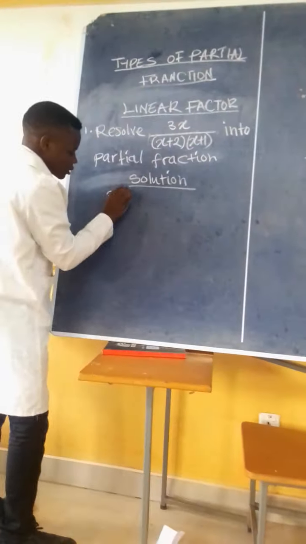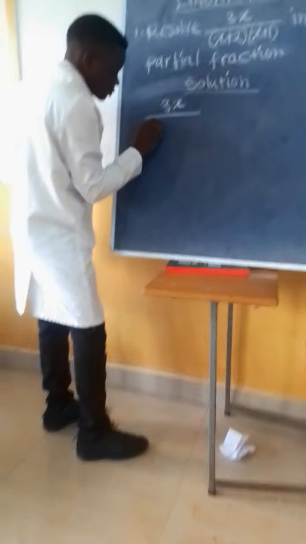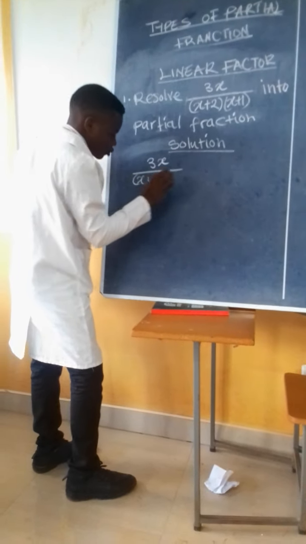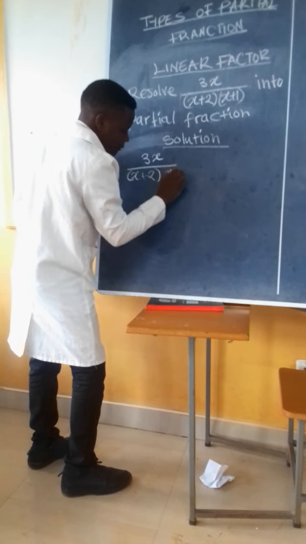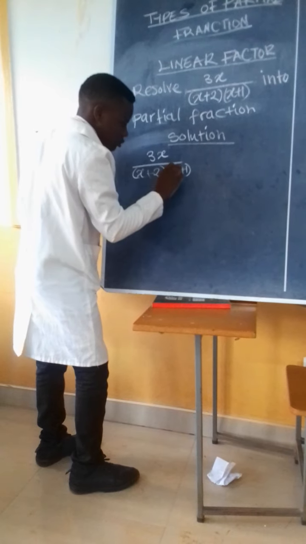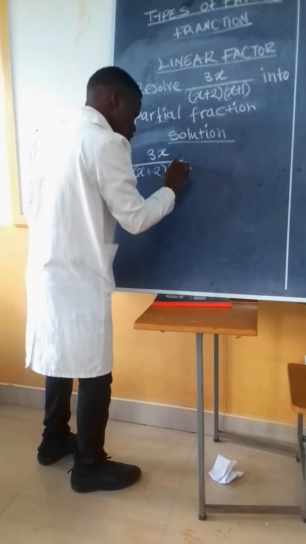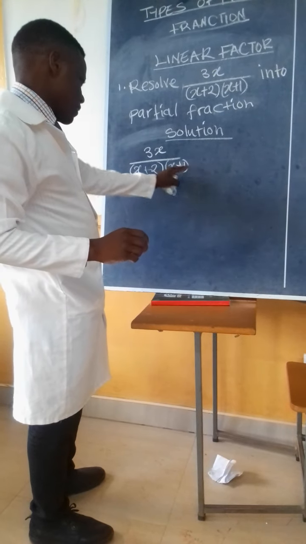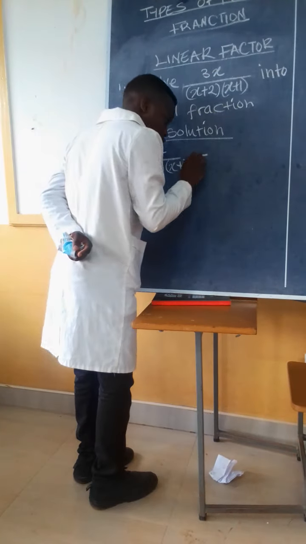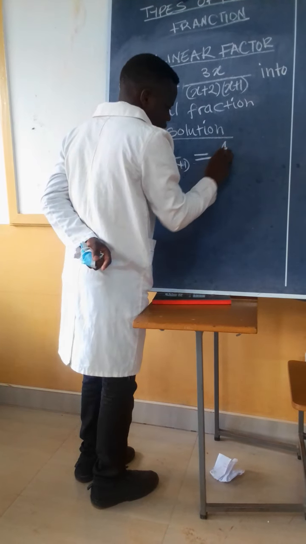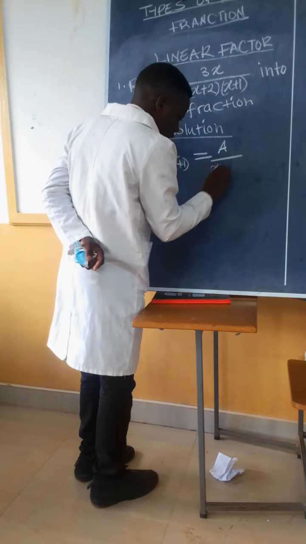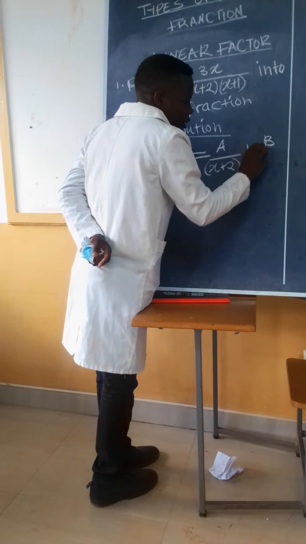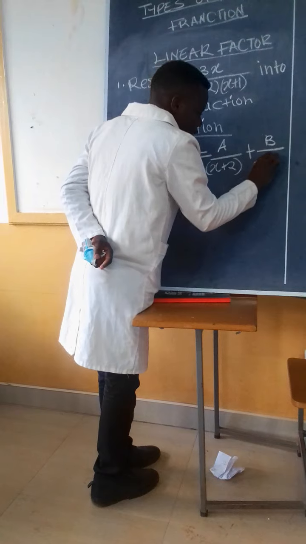So it's 3x over x plus 2, x plus 1. 3x over x plus 2, x plus 1 is equal to A over x plus 2 plus B over x plus 1.